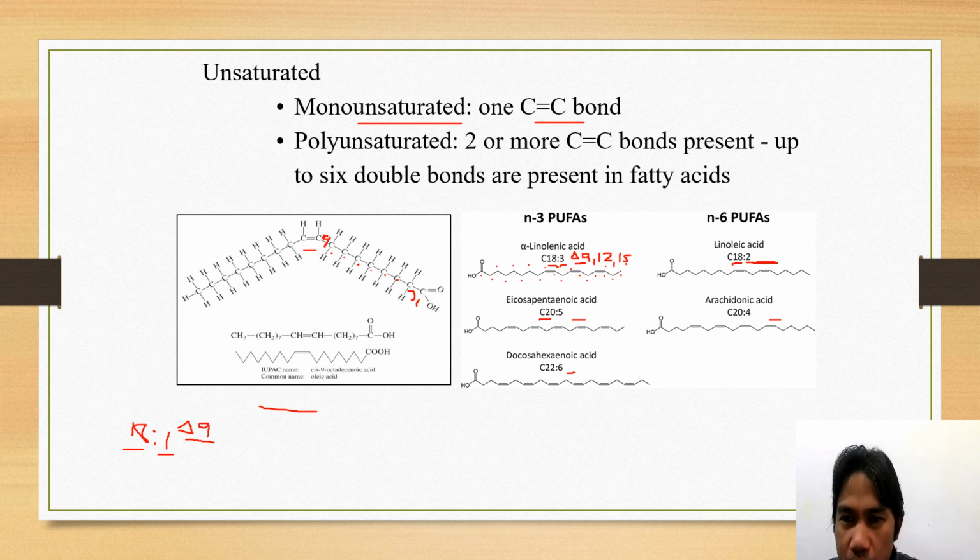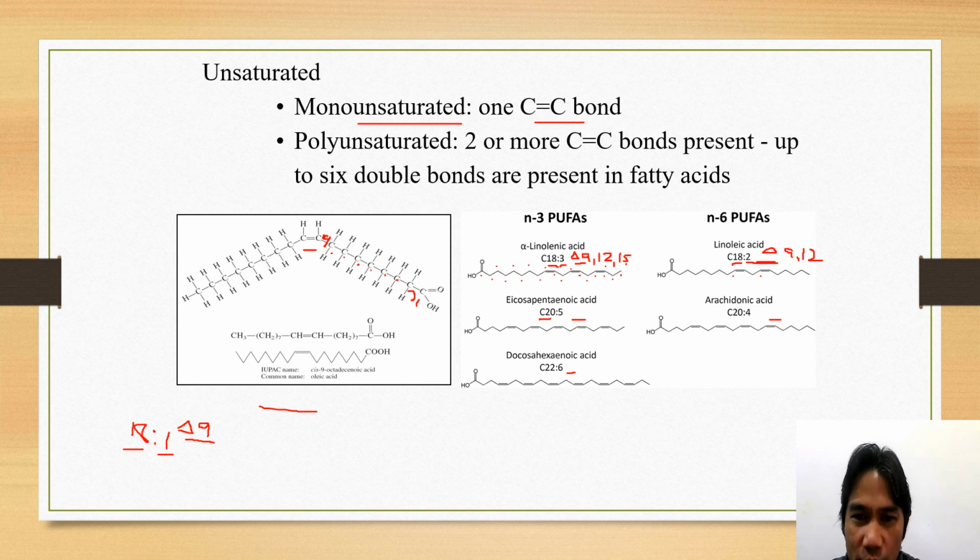For linoleic acid, there are 18 carbon atoms and 2 double bonds on carbon numbers 9 and 12. So let's write here delta 9, comma 12.